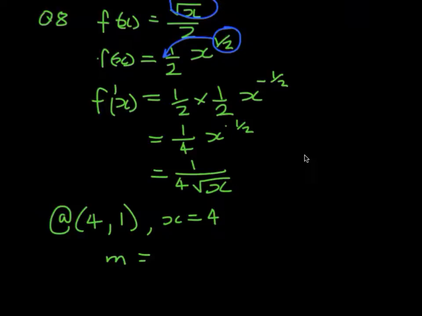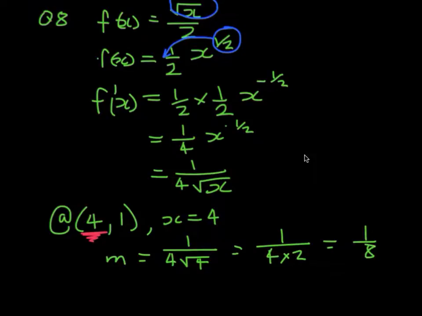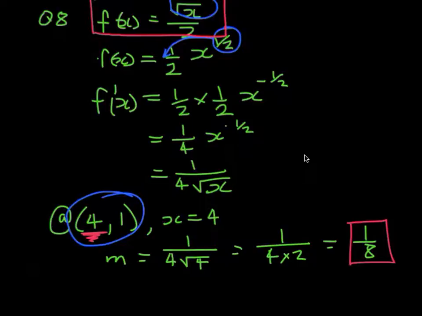The gradient of the tangent at the point where x is equal to 4 is given to us by 1 over 4 times the square root of 4, which will equal 1 over 4 times 2, which will equal 1 over 8. So the gradient of the function we originally had, at the point (4, 1), will be 1/8. That's what we get.